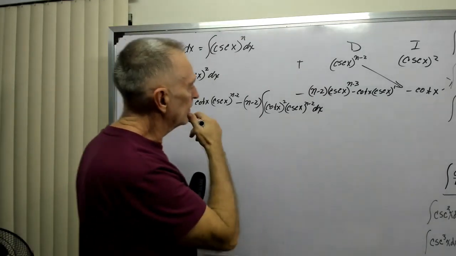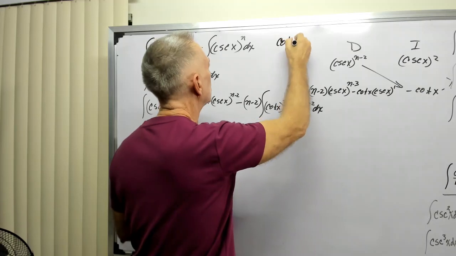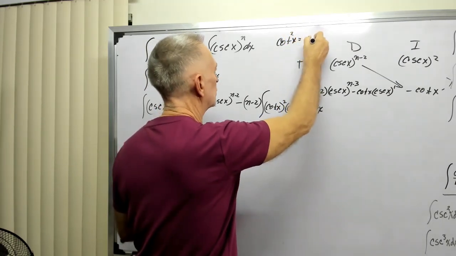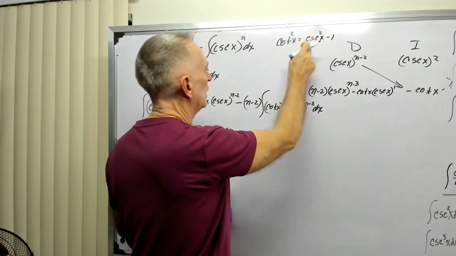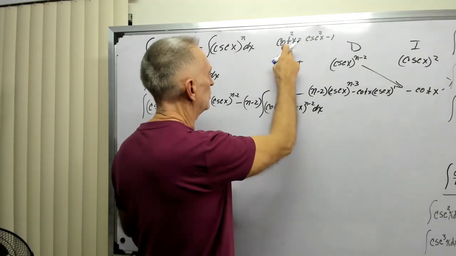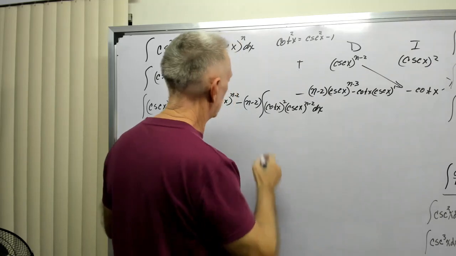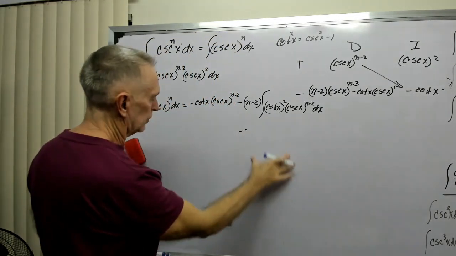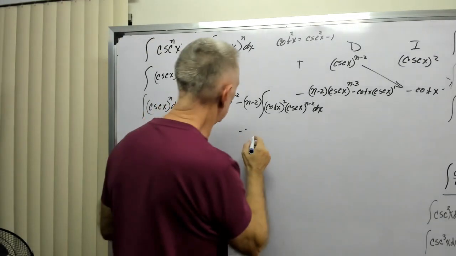Now there's an identity out there: cotangent squared x equals cosecant squared x minus 1. I'm going to replace this cotangent x squared, which is this term, with cosecant squared x minus 1. We'll just work with this integral for a moment, and then we'll catch everything up here soon.